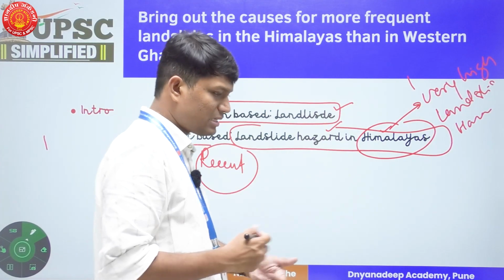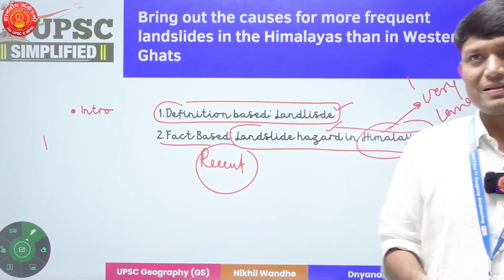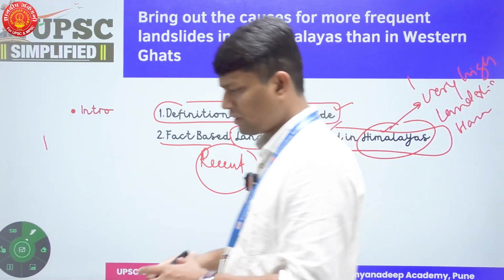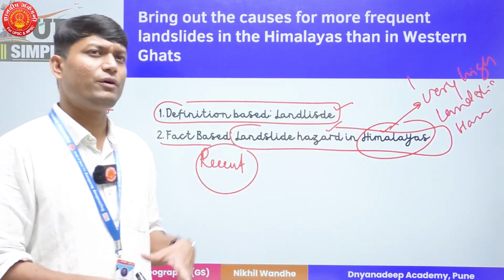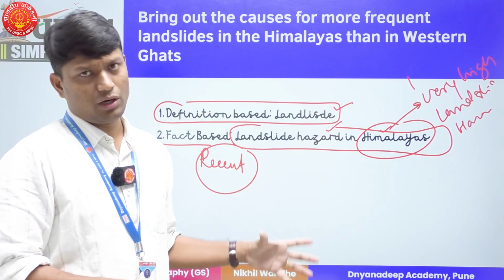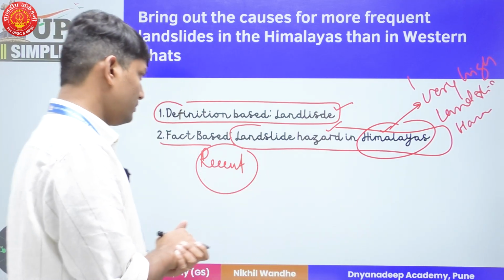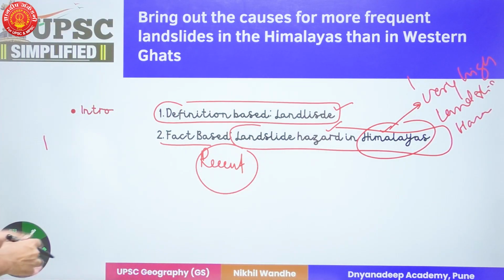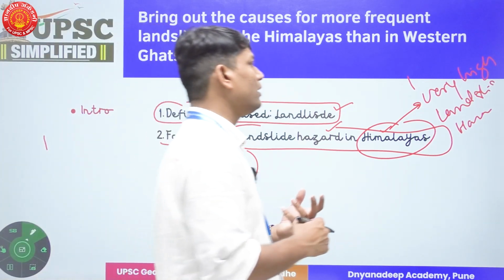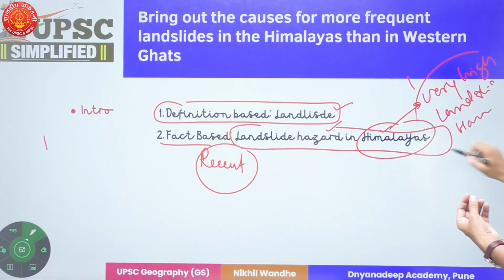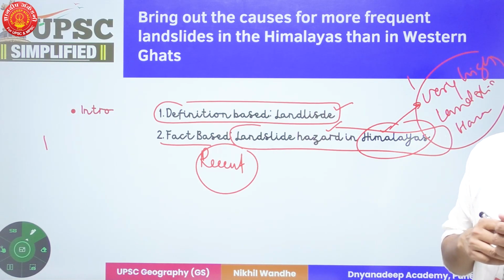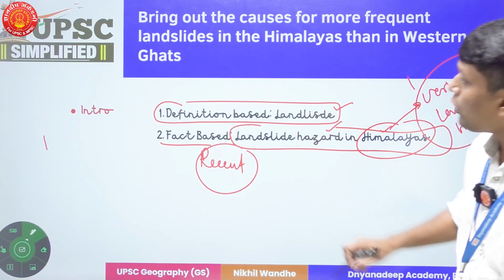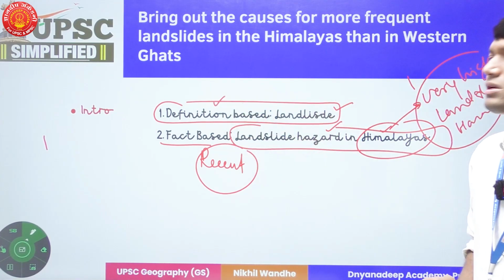Or you can also start with some recent example. You see, recently so and so landslide has happened in the regions of Himalaya and its results were devastating. That can also be your way to start. I will personally prefer to go for a fact-based introduction and will quote some fact from the landslide atlas. Why am I not choosing a definition-based approach?